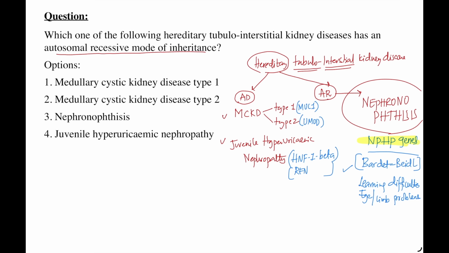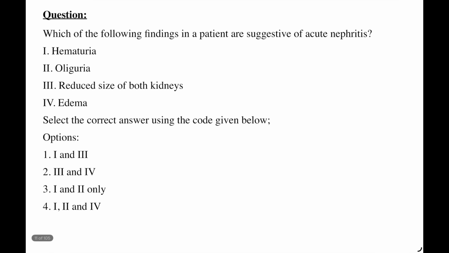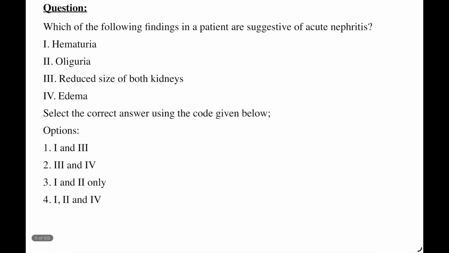The next question is, which of the following findings in a patient are suggestive of acute nephritis? Acute nephritis. Look at this option: reduced size of both kidneys.